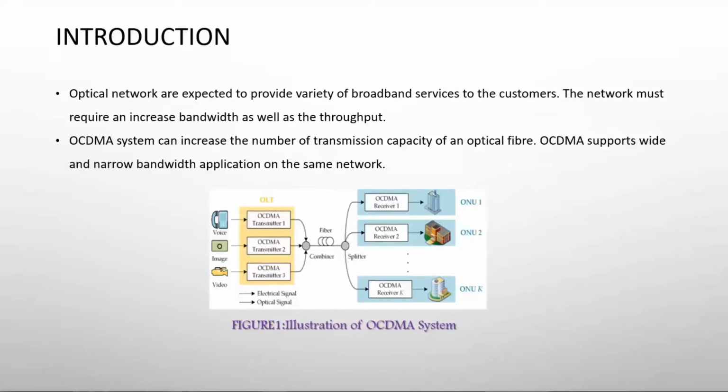OLT is optical line terminal, while ONU is optical network unit. The transmission can be classified as voice, image, or video, and transferred through the fiber optics, then split to the receiver.